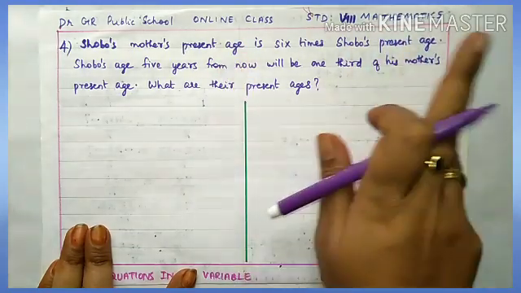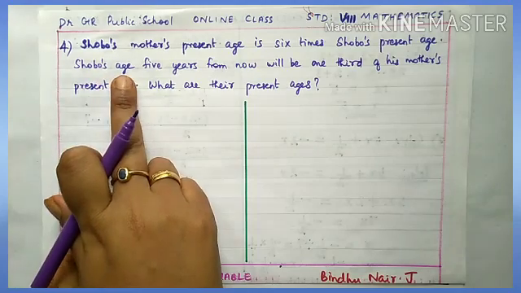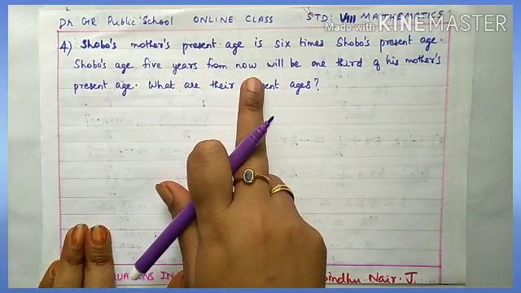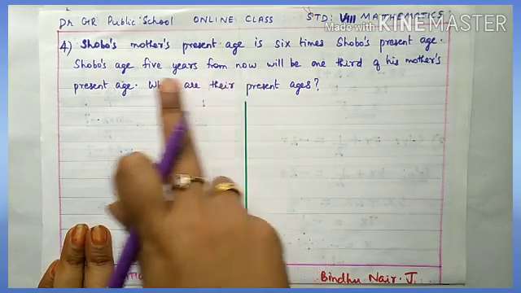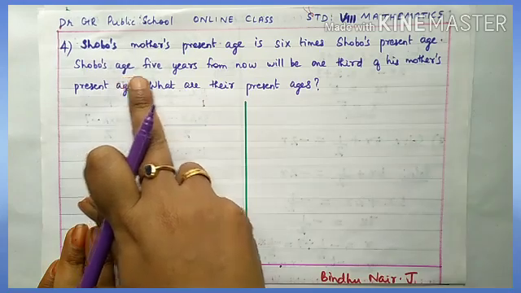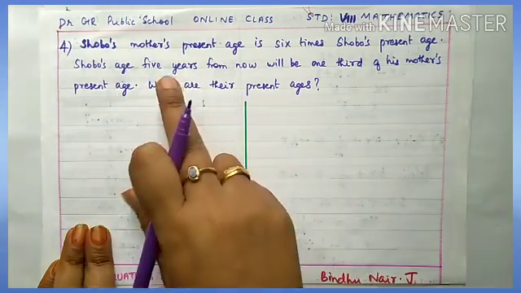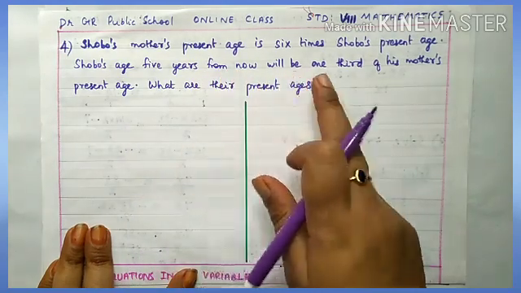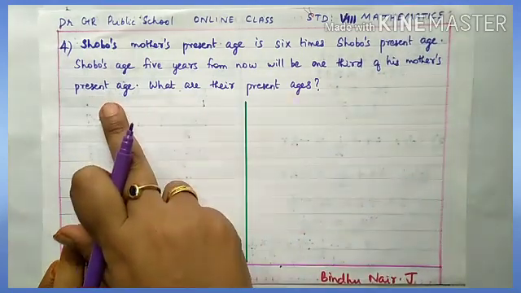So that is clear for you. Now the second sentence, Shobo's age 5 years from now. What do you mean by that? From now? Yes, after 5 years. So Shobo's age after 5 years, that means we want to add 5, correct? So after 5 years, what happens? It will be 1/3 of his mother's present age.